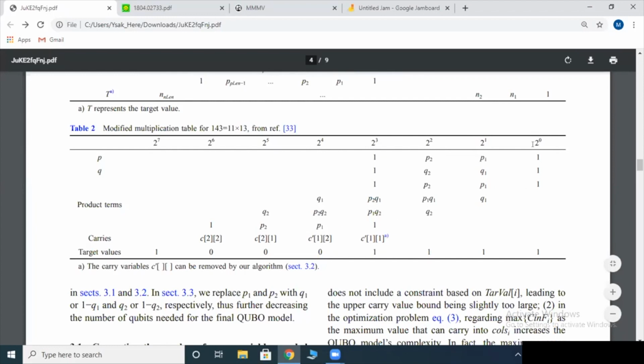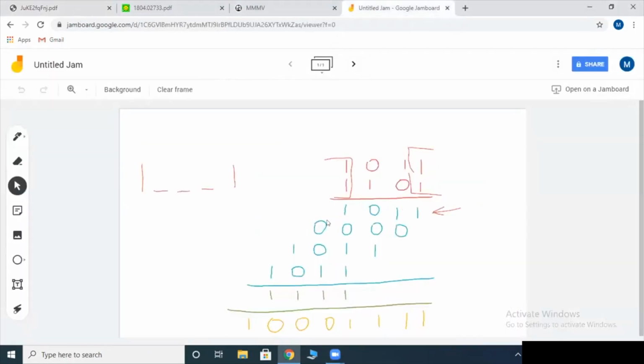Here you have P0, P1, P2, P3, and here we have Q0, Q1, Q2 and Q3. Then you are multiplying. I said the initial line will always be the first binary combination, because this is 1, and when you multiply, you get the exact same one.